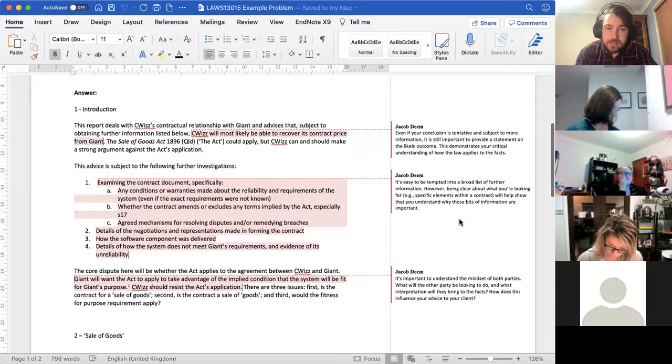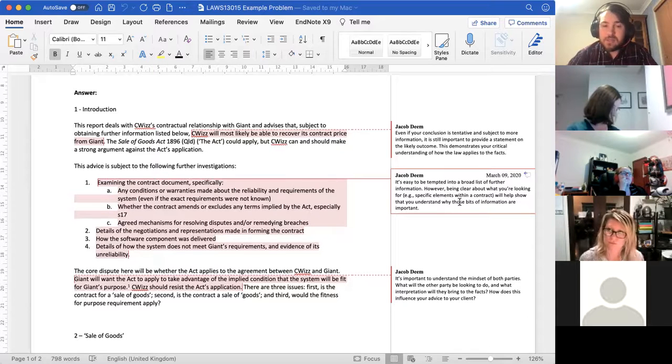The other thing that's interesting to think about in terms of gaps in the facts, and this is what I was saying about there being room to acknowledge that there might be more facts that you need to know, is that yes, you should definitely identify where there are gaps, but you need to be clear and as precise as you can about what you're looking for and why that's important.